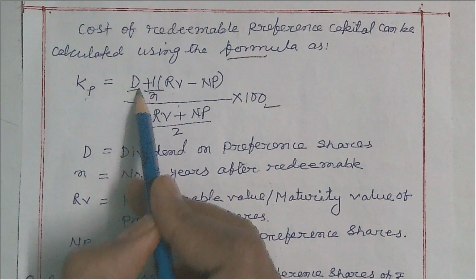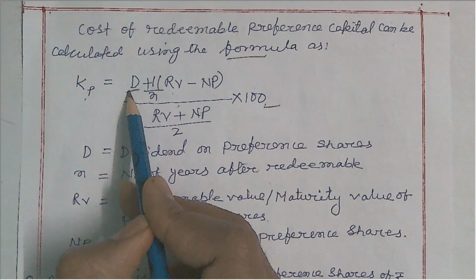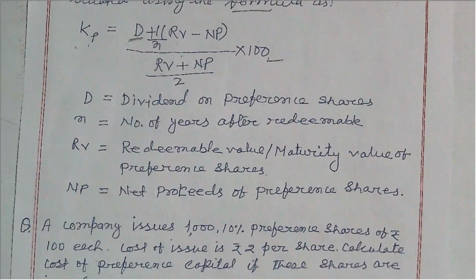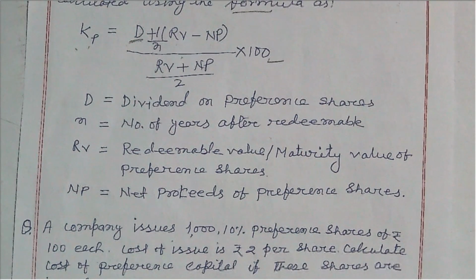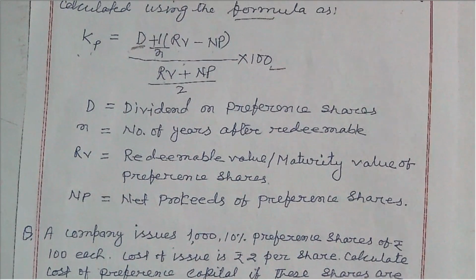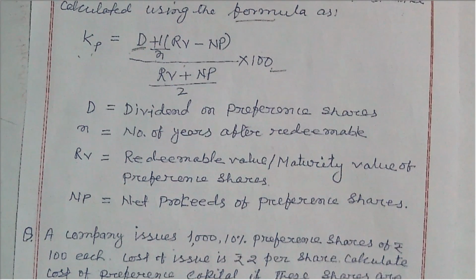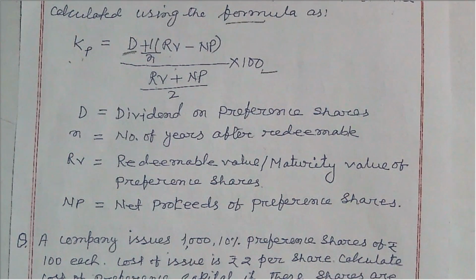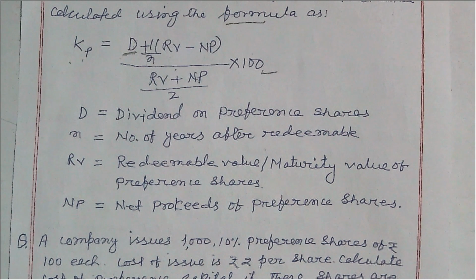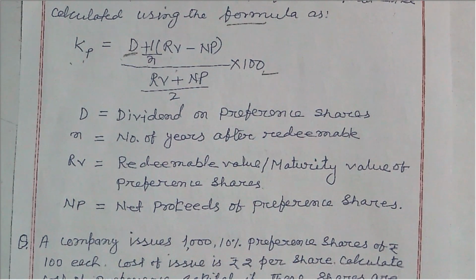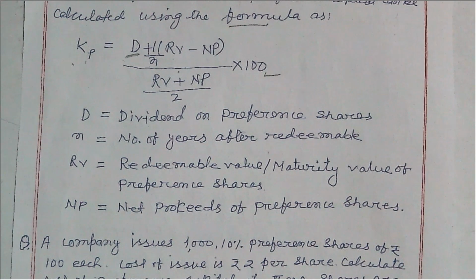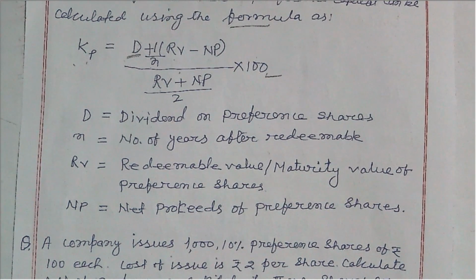Only D and I are different. Redeemable preference shares have no tax benefit, so it is not calculated after tax. Only one before-tax formula is used.